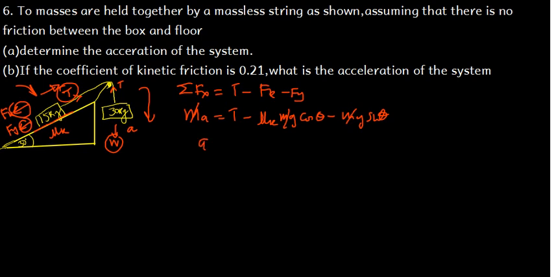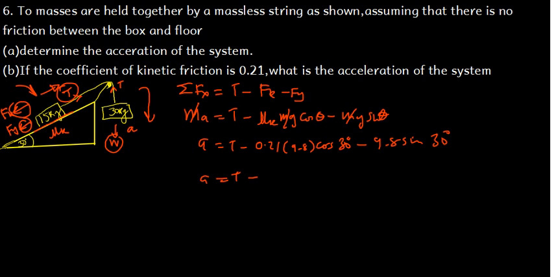So the acceleration is going to be equal to tension minus mu k, which has been given as 0.21, times g, which is 9.8, times cos of the angle, which is 30 degrees, then minus g, which is 9.8, times sine of the angle, 30 degrees. So the acceleration is tension minus 0.21 multiplied by 9.8 multiplied by cos 30.